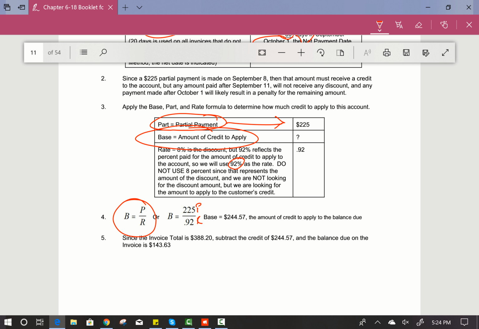And that will equal the amount that we're going to credit the account of $244.57. We are not done. We're going to subtract $244.57 from the amount of the invoice of $388.20, and the amount due on the invoice that they're not going to get credit for is $143.63.